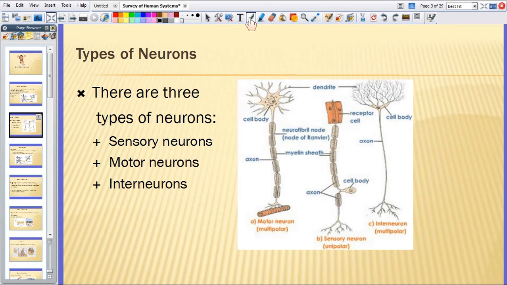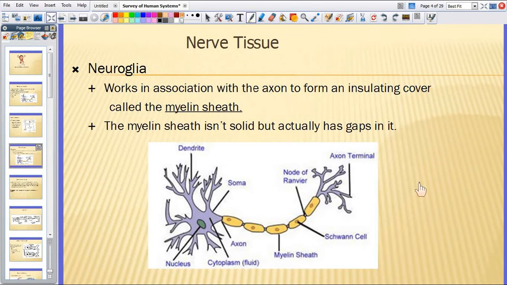The central nervous system, that brain and spinal cord combination I mentioned earlier, will connect all the information from the sensory neurons, the motor neurons, and the interneurons together to allow your body to respond to the environment in complex ways.